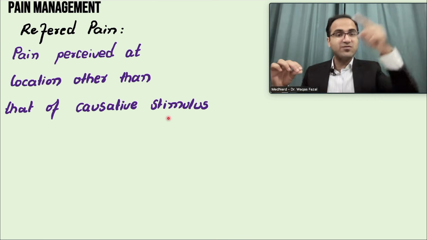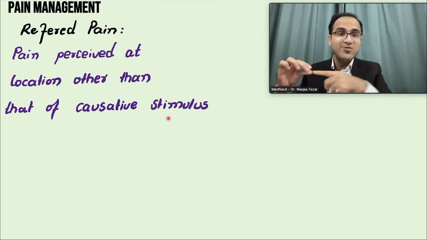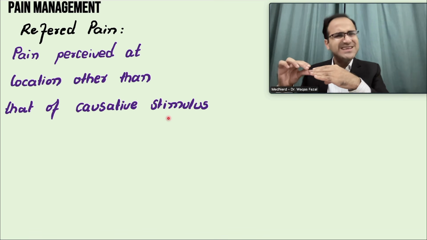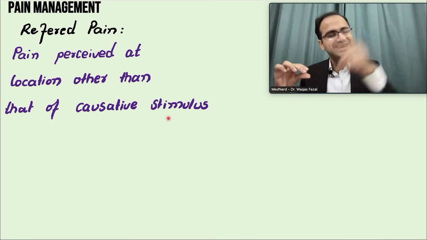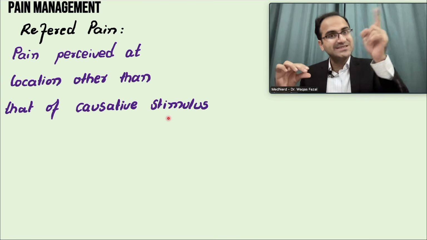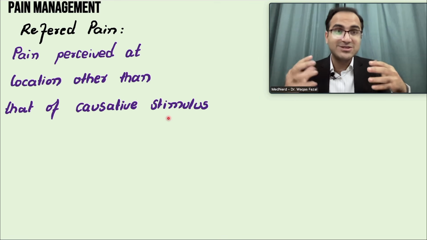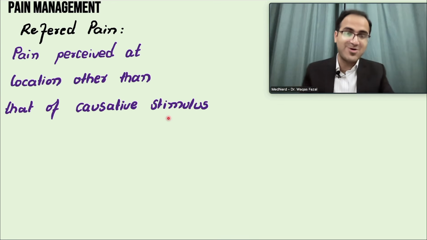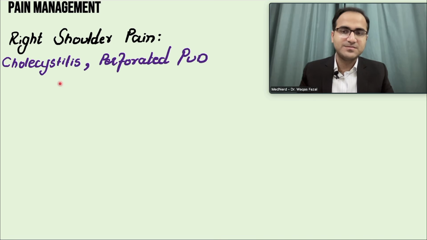So both the nerves from the skin as well as the organ are synapsing at the same point, and when there is irritation of one nerve, the spinal cord gets stimulated and thinks that maybe this signal is coming from the skin and there is pain in the skin. So your brain thinks that the pain is coming from the skin, not from that organ. That is basically a confusion of the body just because both of the nerve supplies synapse at the same point in the spinal cord.